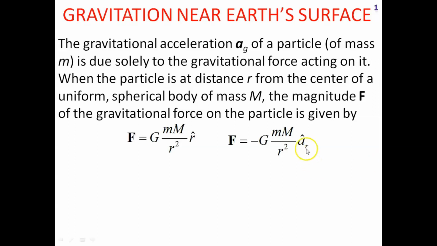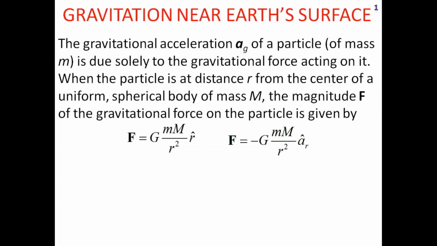Now here a_r cap is a direction which is radially outward in the spherical coordinate system. The direction is perpendicular to any surface r equal to constant. R equal to constant in spherical coordinates is a sphere, and a_r cap represents the direction perpendicular to the surface r equal to constant, directed outward.